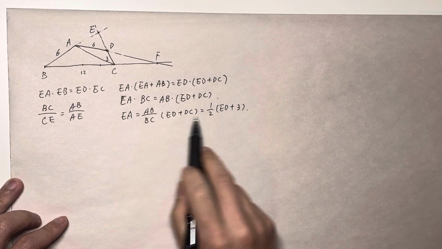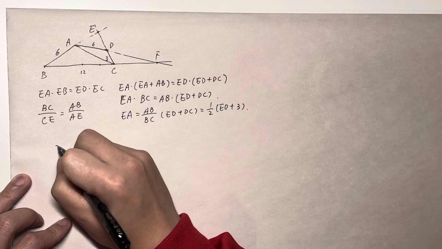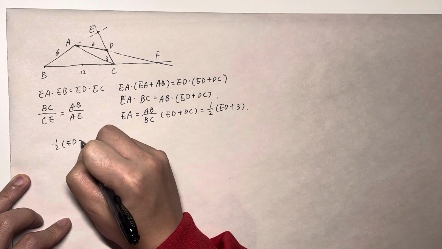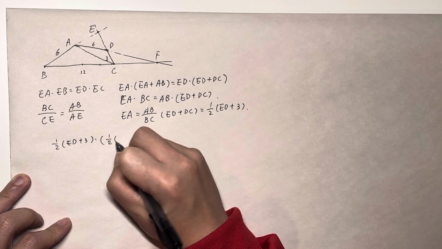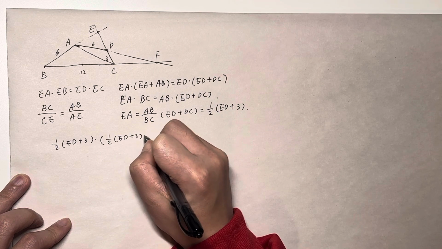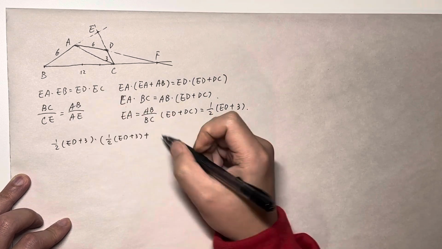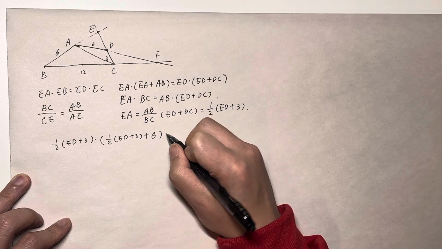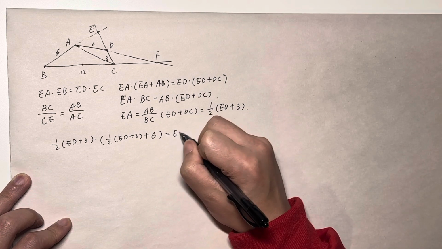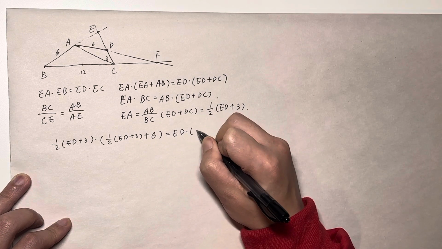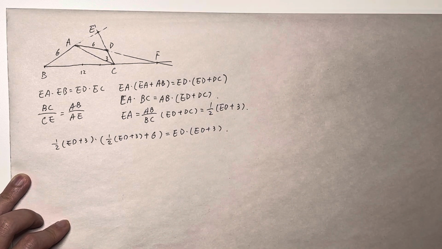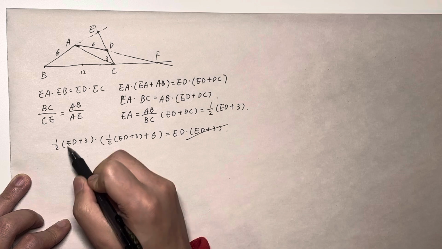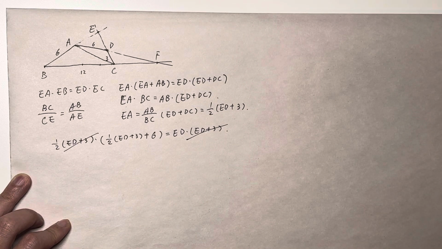And we replace EA by this one, so we have half of ED plus 3, times half of ED plus 3 plus AB, which is 6, right, equals ED times ED plus 3, right? So we can cancel this out, right?